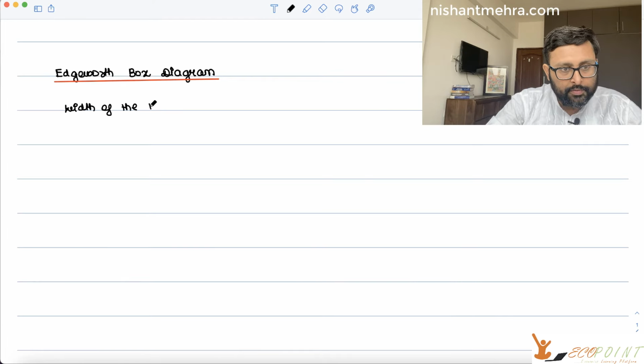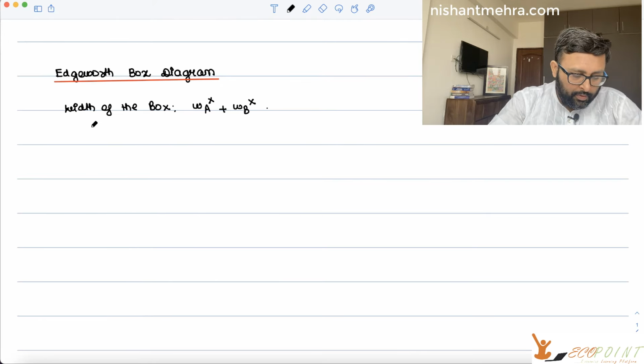So the width of the box is the amount of x which I have plus the amount of x which you have.